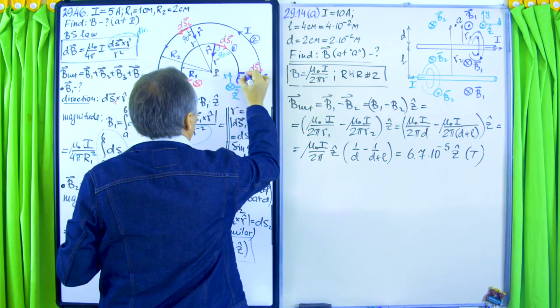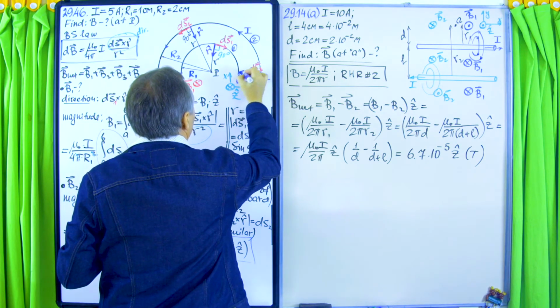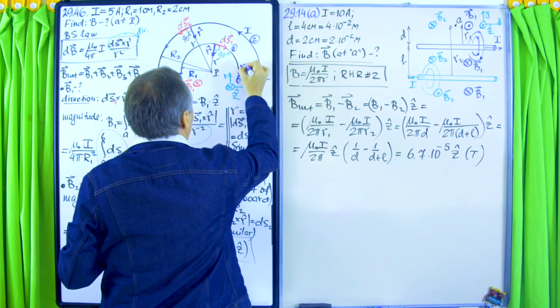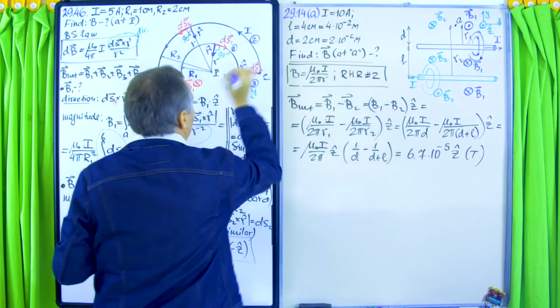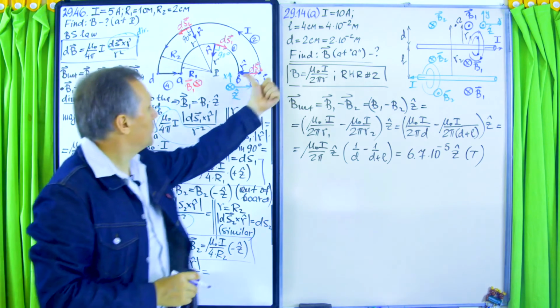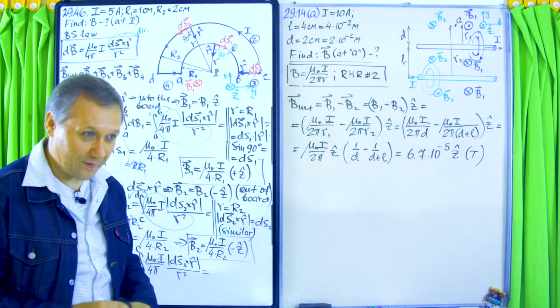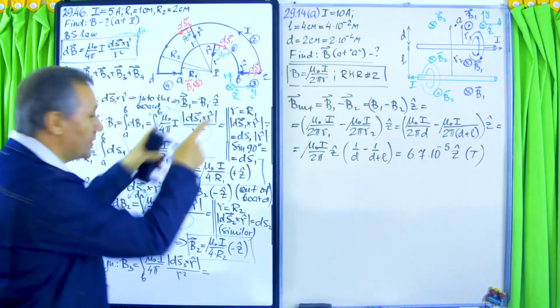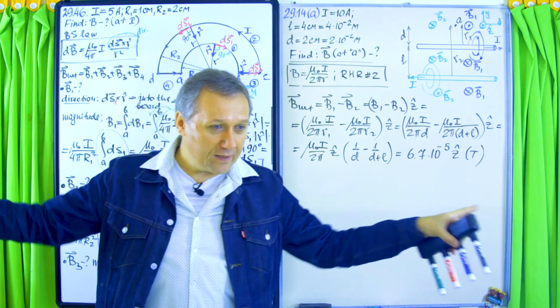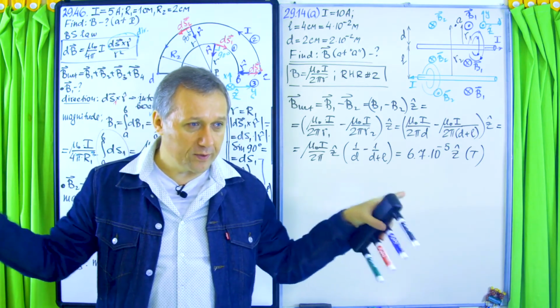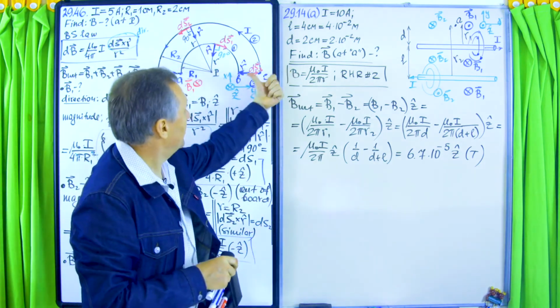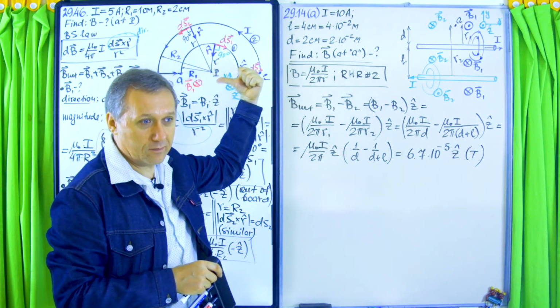That will be r hat, from this section towards point P. Right? So now you see these two vectors are anti-parallel to each other. They're in the opposite direction. ds that way, r hat that way.